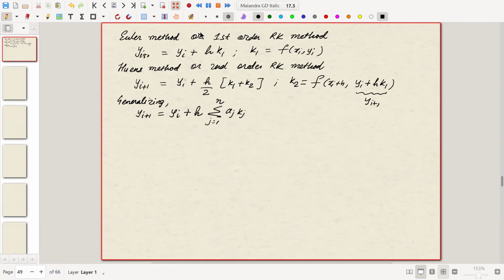So if you see, your K1 will again be f of (x_i, y_i). K2, can you say? This is just a generalized form I am writing. It might not be trivial, but bear with me.